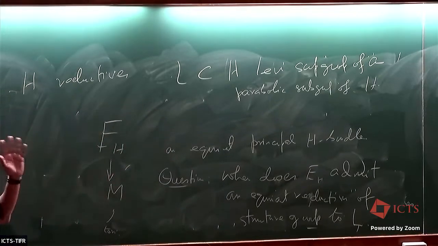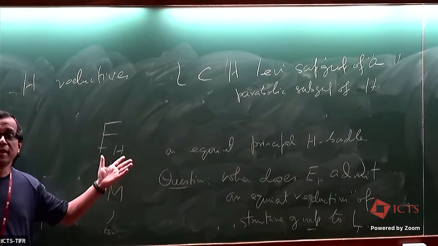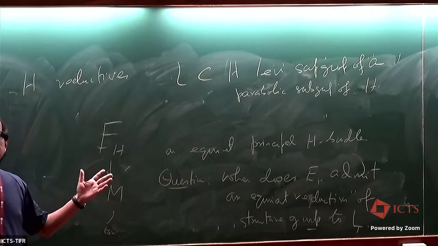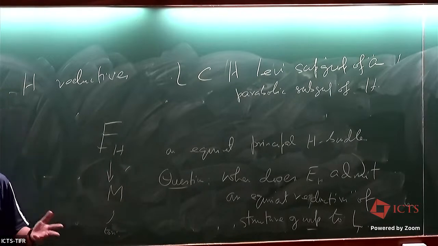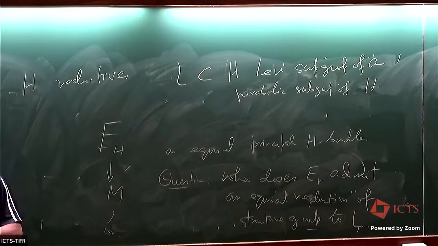I have an equivariant G bundle, and I have a subgroup of the group H. I want to ask when the principal bundle admits a reduction of structure group. Not only that, it should be an equivariant reduction of structure group, so the reduction should be equivariant and preserved by the action.